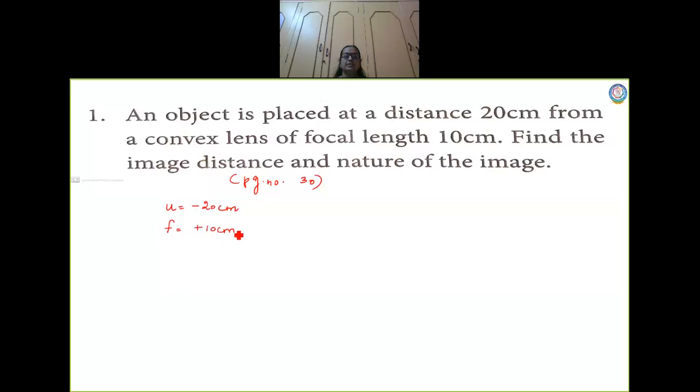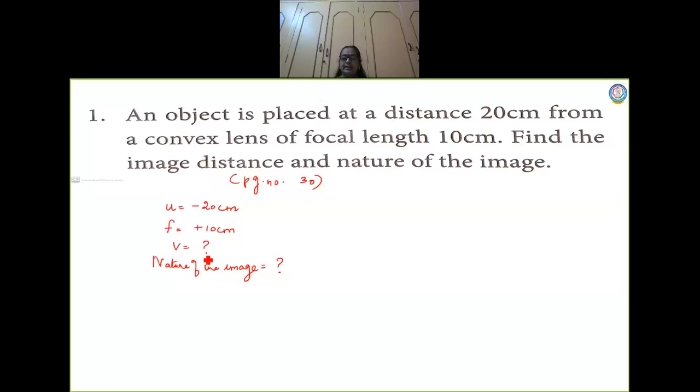As far as a convex lens is concerned, focal length is positive. Find the image distance, the value of v, and the nature of the image. Nature of the image in the sense whether the image formed is real or inverted or virtual or erect. That you have to find out.